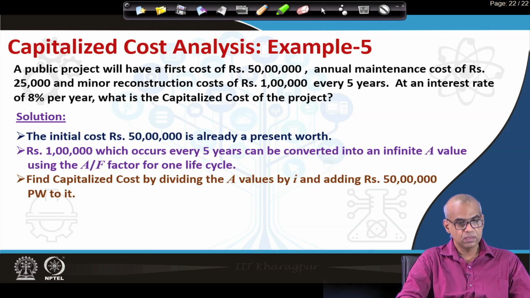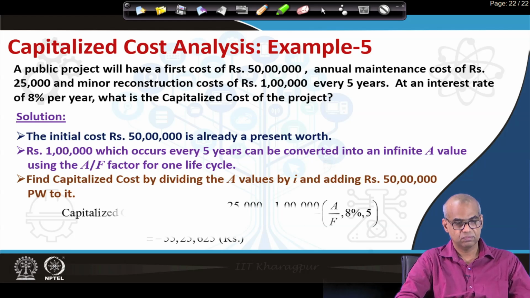So, all you have to do is, rupees 50 lakhs is already a present worth, then you spend 1 lakh rupees every 5 years. That can be converted into an infinite series with A values, and the A's can be computed using the A by F factor for one life cycle period, and then compute A by I and add that to the 50 lakhs.